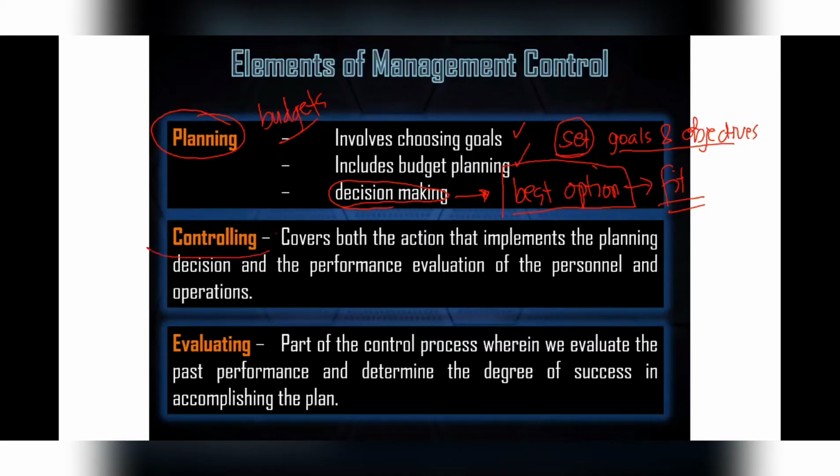And to know kung yung plano natin ay nangyari o hindi, that is controlling. That covers both the action that implements the planning and the planning decision and the performance evaluation of the personnel and operations. Here, we check if the objectives and goals that we set during planning were met.